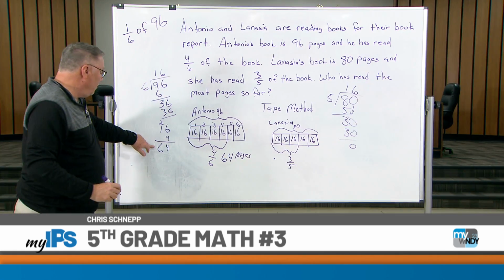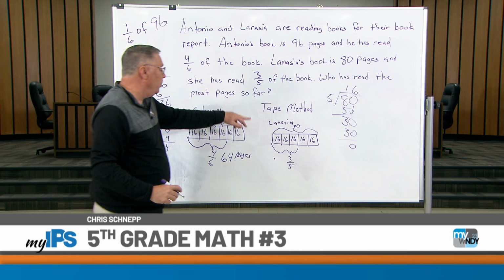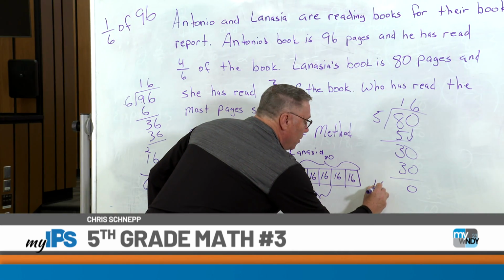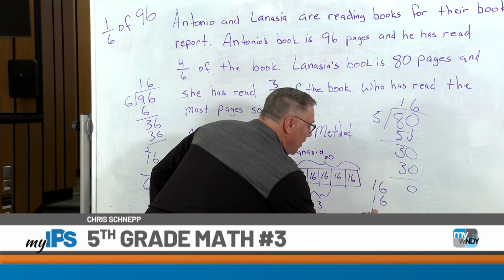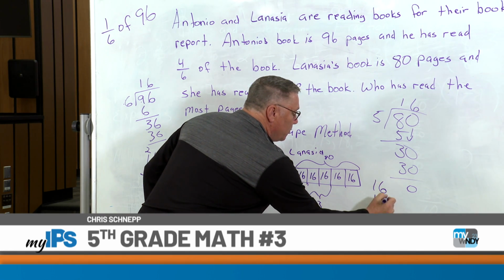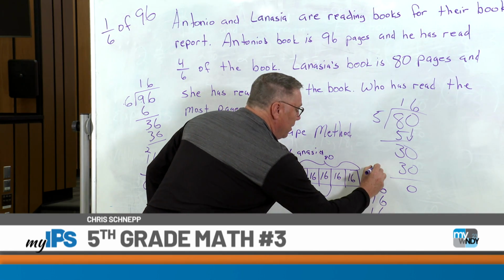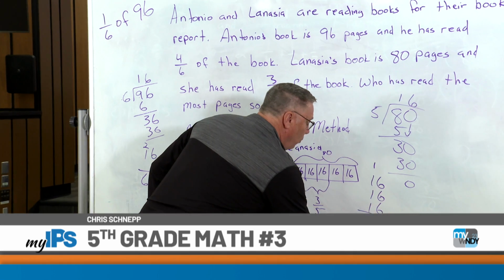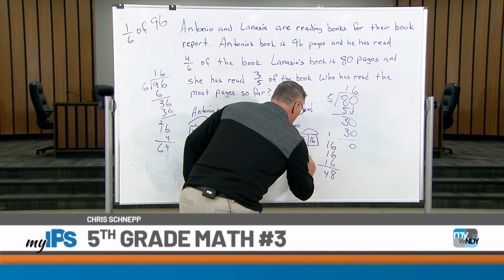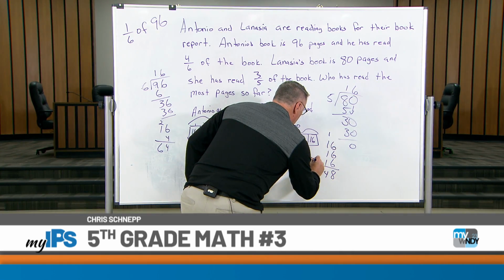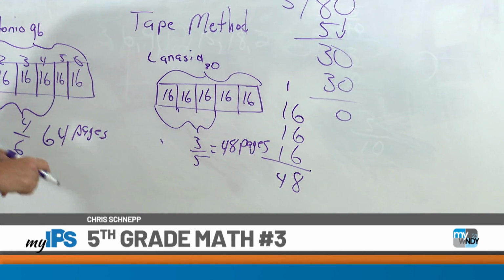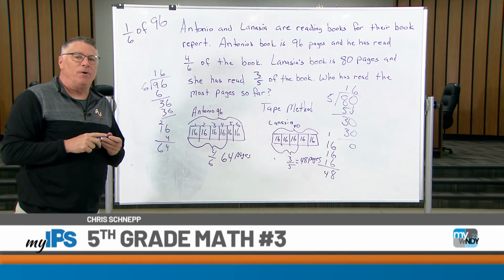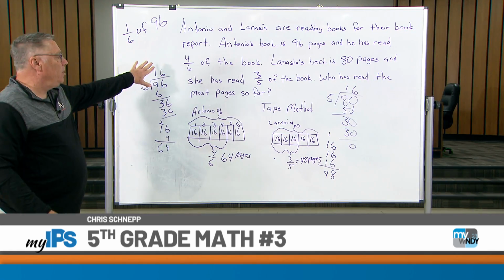Since I did multiplication for Antonio, I'm going to do repeated addition for Lenasia. 16 plus 16 plus 16. 6 plus 6 plus 6 is 18. Carry the 1. 1, 2, 3, 4. That's 48 pages. So who has read the most pages so far? Antonio has.